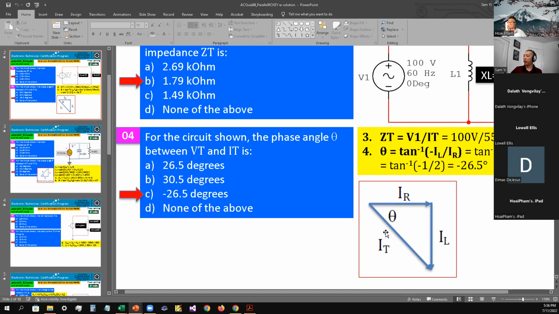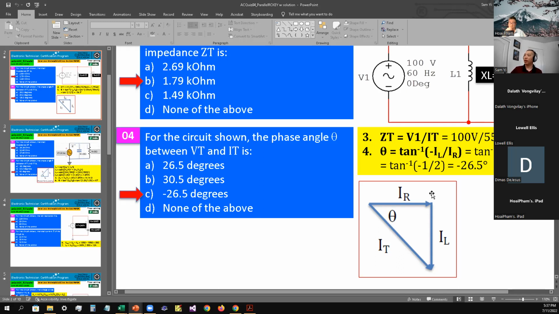Okay, and then you draw the magnitude from the tip to the tip. Okay, so that would be your total IT. And this represents your angle. Your angle is pointing toward the negative side. Okay. Yeah, you have to get a really good concept of those. Which one is leading what? In a capacitor, the current leads the voltage, and in an inductor, the voltage leads the current.